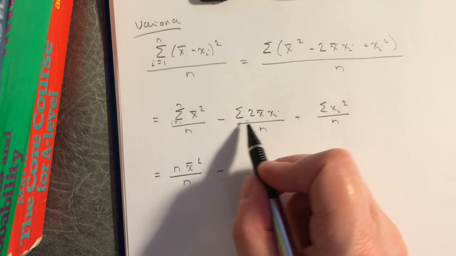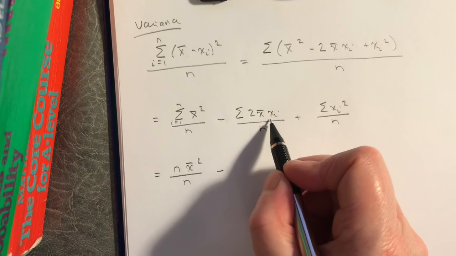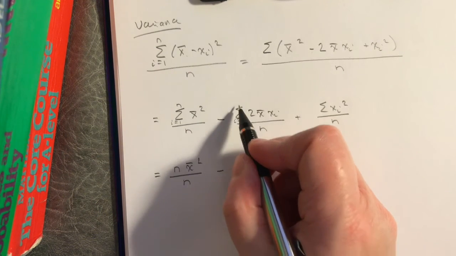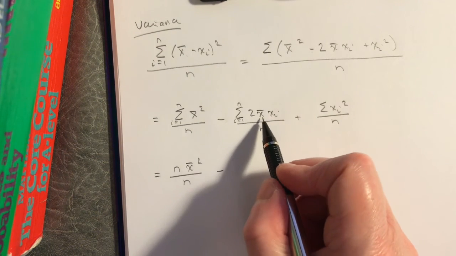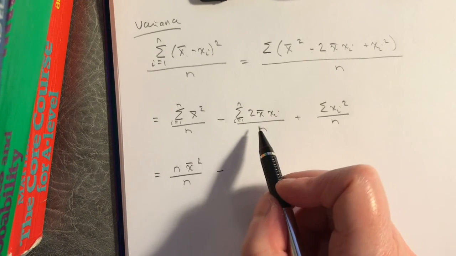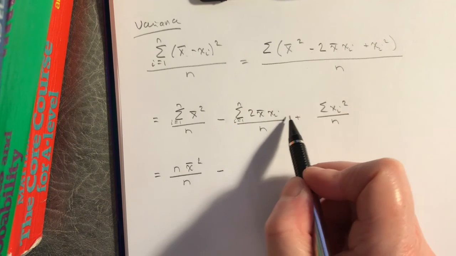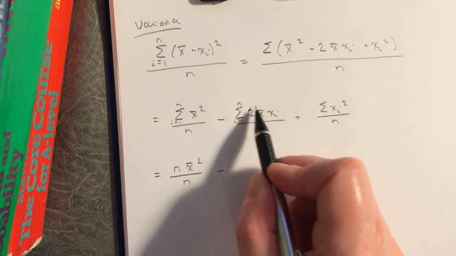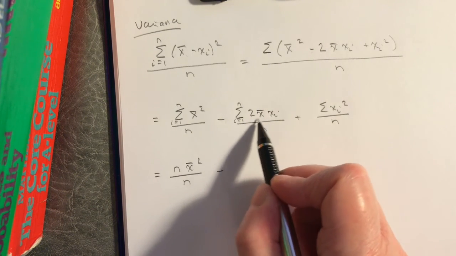And here, this is saying, okay, so x sub i is the moving piece. So when i equals 1, I'll have 2x bar times x1. And then I'll add 2x bar times x2. And then I'll add 2x bar times x3. So every term in this sum has that multiplied against it.